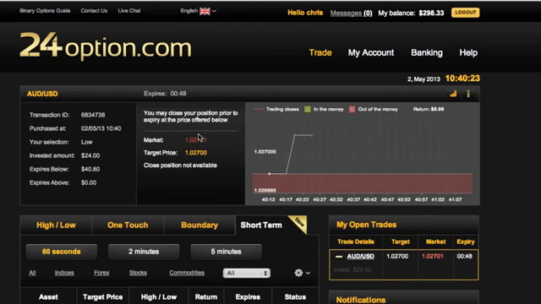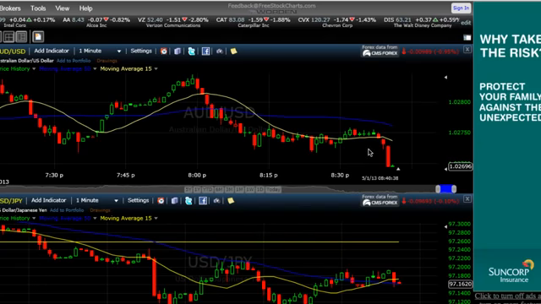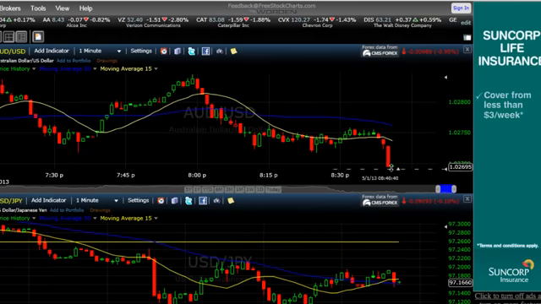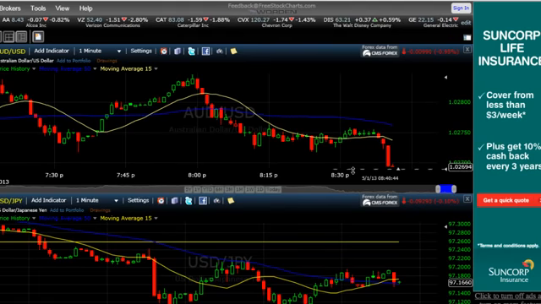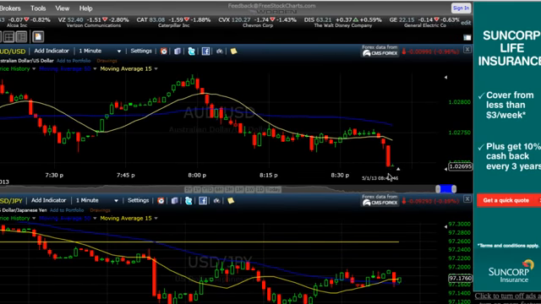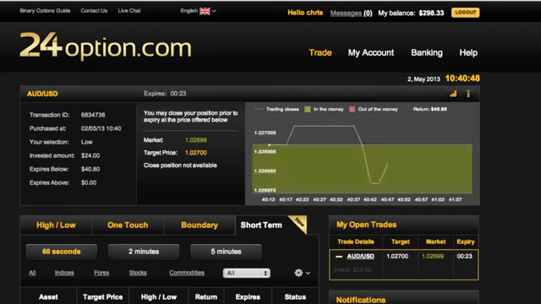So based on this outcome, we'll trade again, or we might wait a bit to see if the trend is actually going down. See, I might have actually got in a bit late here, but it looks like the trend is actually going down. It's going back up. So we've got 20 seconds to go.